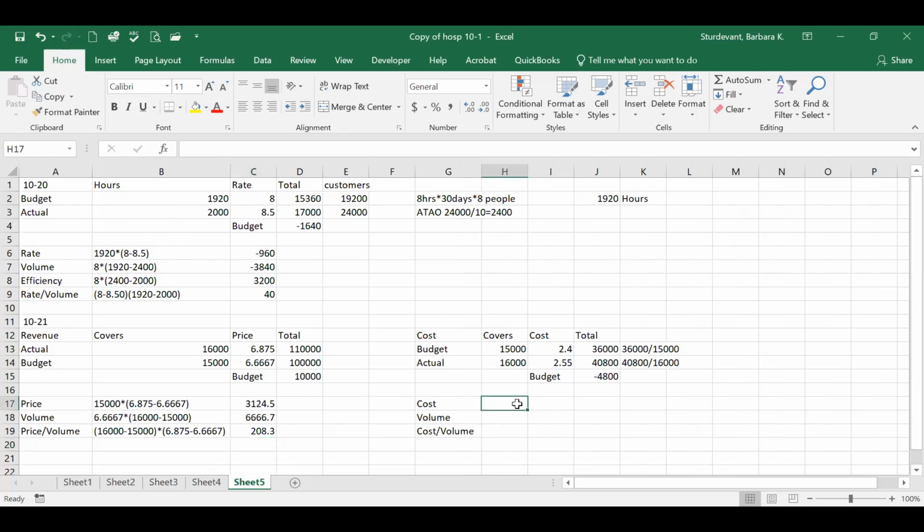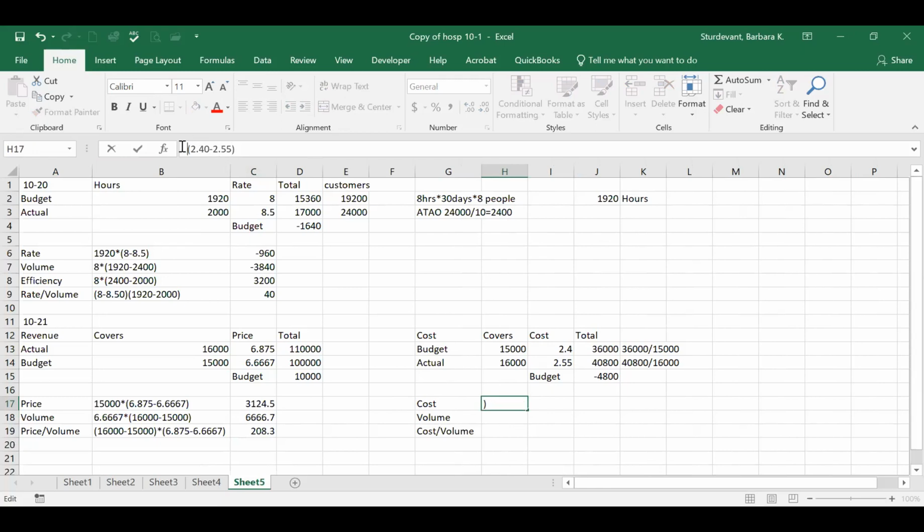So on the cost side, since this is your cost variance, we're going to look at, in the parentheses, the cost, but this time because it's an expense, budget goes first.